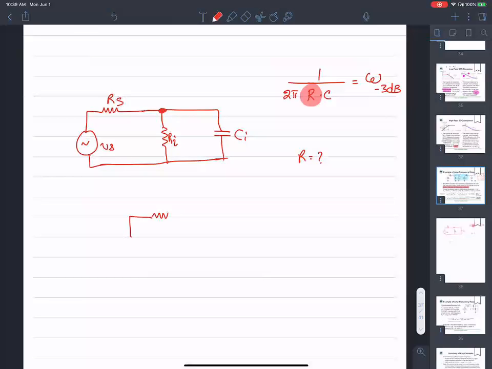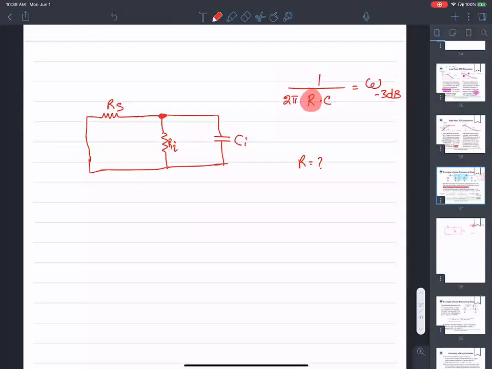So what you have to do is short circuit your voltage source, get rid of it and replace it with a short. Then what you have here is C in parallel with the resistance Ri parallel with Rs. So that's the equivalent resistance, R equivalent, times Ci.